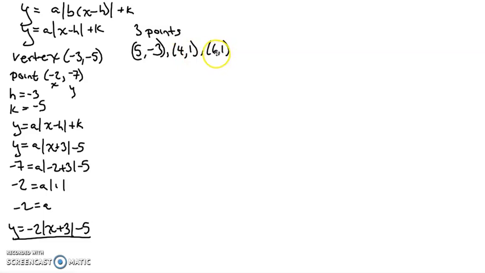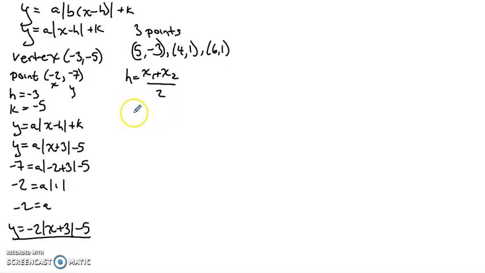Because absolute value functions are symmetrical across the line x equals h, that is kind of a vertical line that goes through the vertex, any 2 points with the same y value have to be the same distance from the vertex. So we know then that h, our vertex, is halfway in between 4 and 6. So if we find that midpoint by using (x1 plus x2) over 2, we'll know the x value of our vertex.